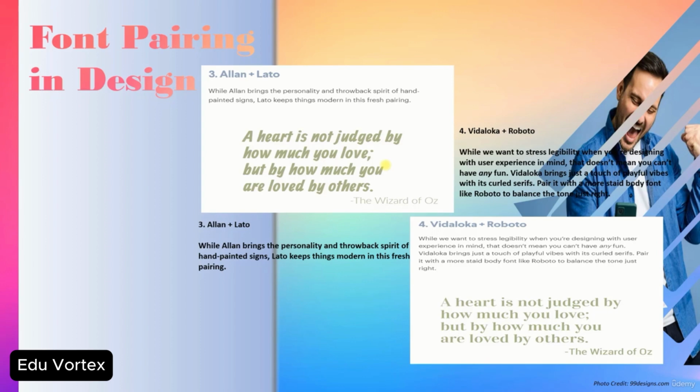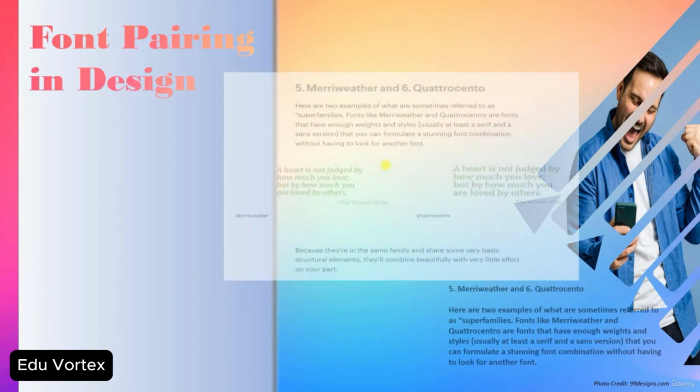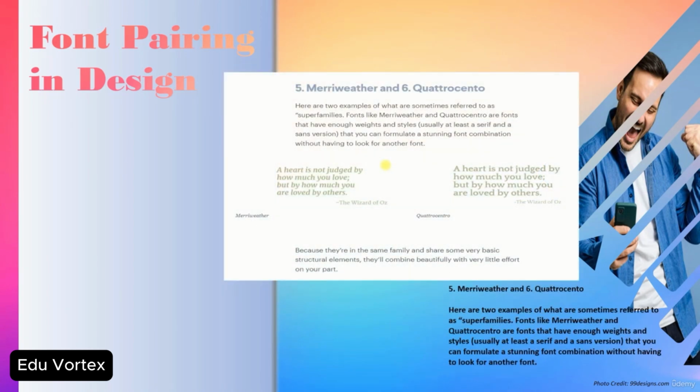Alright, so now let's go ahead and have a look at another one. So we have the Meriwether and Quattrocento. Alright, so here are two examples of what are sometimes referred to as super families.